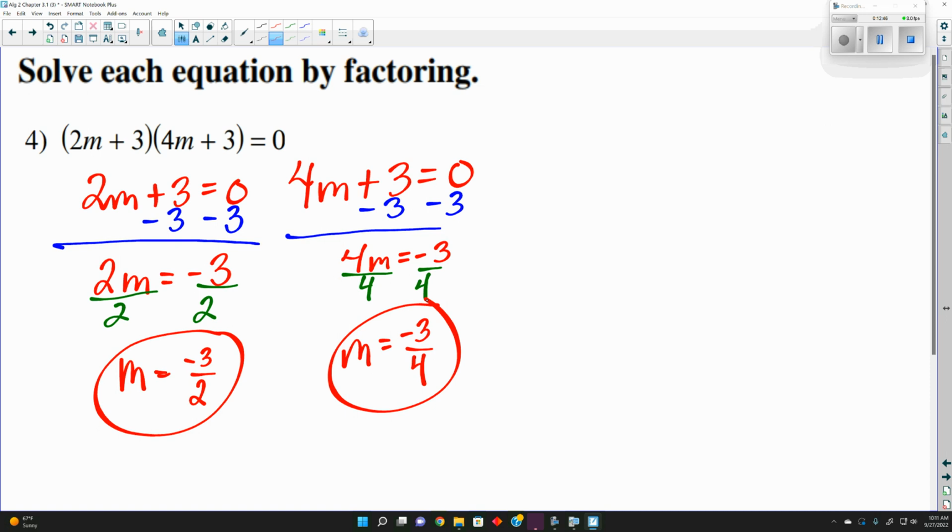Is it okay if we do a decimal instead? Yeah, I don't mind if you write it as a decimal, because this here is negative 1.5 and negative 0.75, that's fine. Ninths, thirds, twelfths, sevenths aren't too nice.